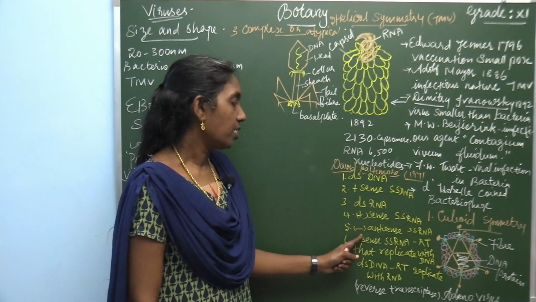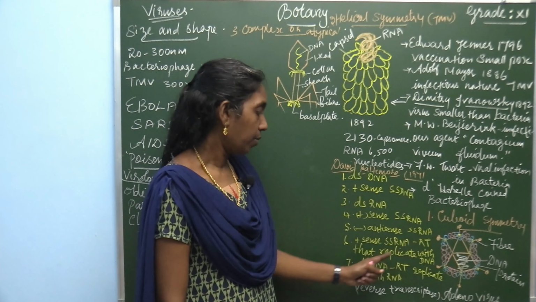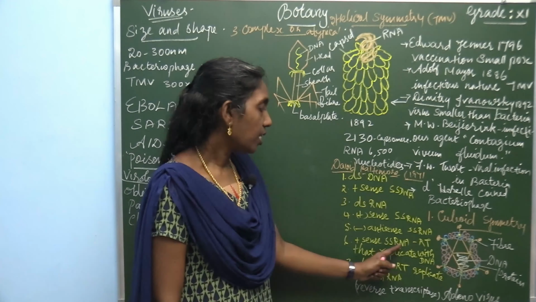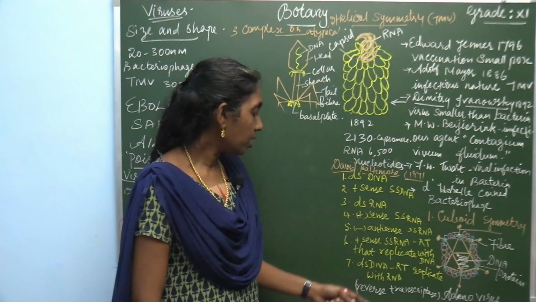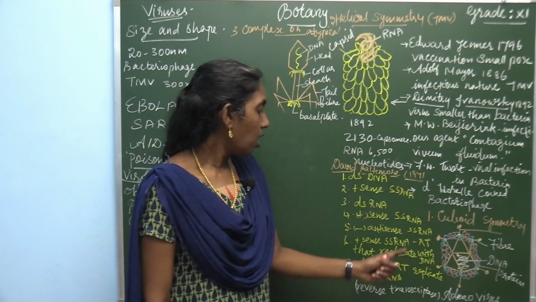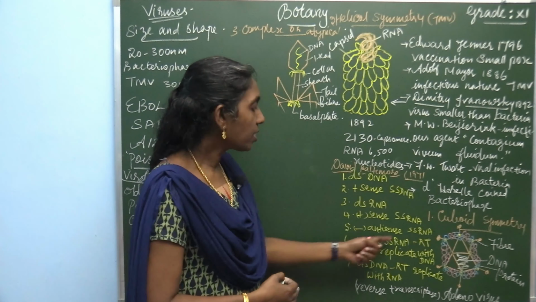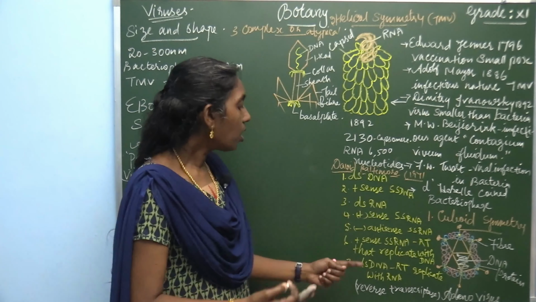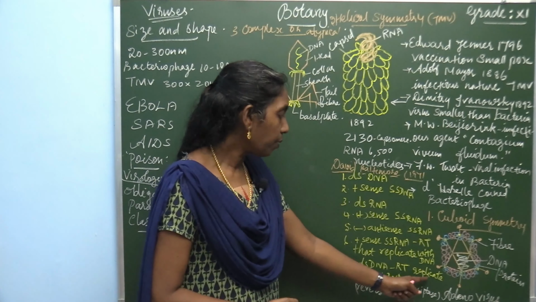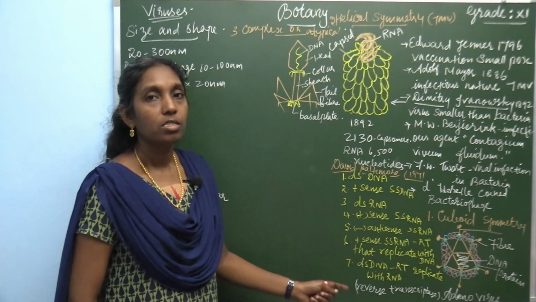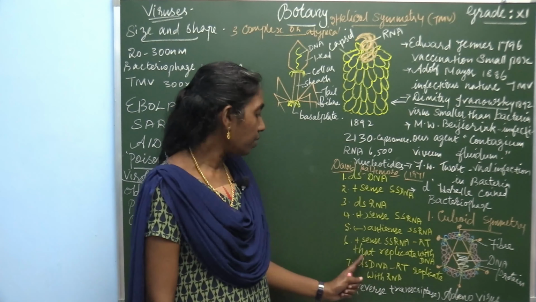Then antisense ssRNA. Then plus sense ssRNA-RT, RT is the reverse transcriptase that replicates with DNA, or reverse transcriptase that replicates with RNA. So, it is based on 2 different types.